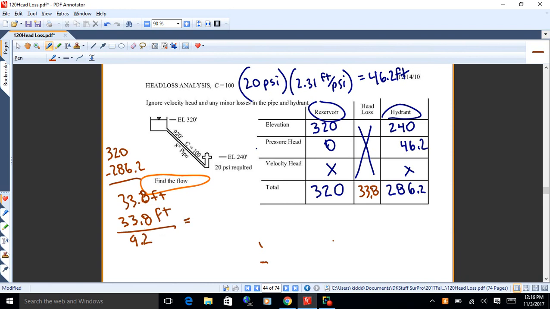So if I divide that by 9.2, what I'll get is the head loss per 100 feet I can tolerate, so to speak. Okay? So that's 3.67 feet per 100 feet.